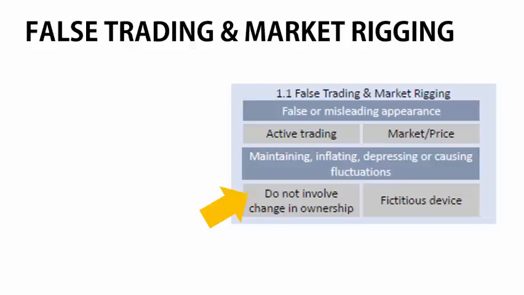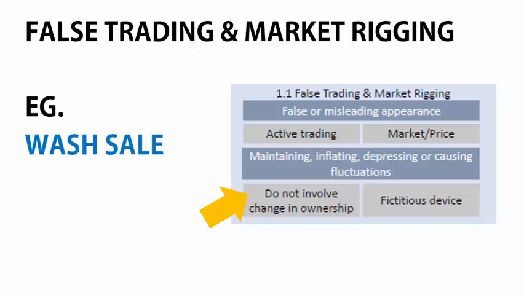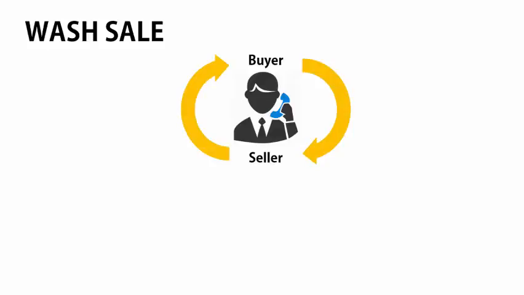Under maintaining, inflating, depressing, or causing fluctuations in the market that do not involve a change in ownership of the securities, we have the example of a technique called wash sale. So how does wash sale work? Wash sale occurs when a person is both the buyer and the seller, where they buy and sell without actually transferring any ownership at all.